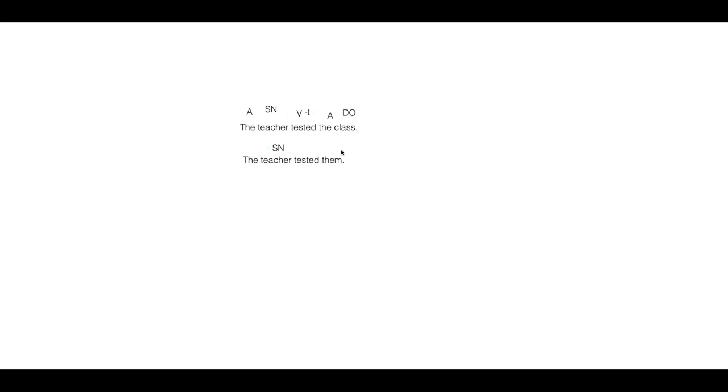The teacher did what? Tested. The teacher tested whom? Them. Even though it's a pronoun, you label it as direct object. It's no different. Just like before, we then go back and we make this a verb transitive. And then, of course, the word the is an article adjective. So real easy, just an object pronoun. It can be used as a direct object and you just label it the same way.